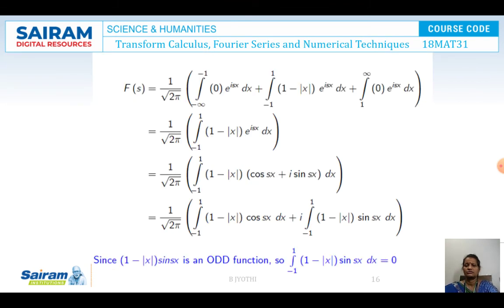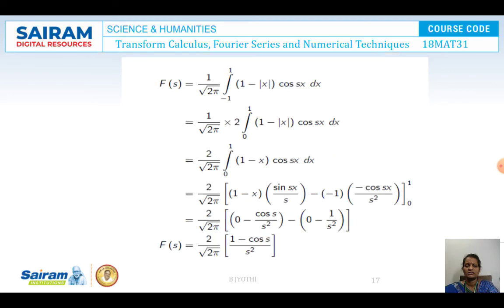Let us substitute f of x, which is given by 1 minus mod x into e power isx. So e to the power of isx can be written as cos sx plus i sin sx. Then again, since the sine function is an odd function, it will be 0; only the cos function needs to be integrated.